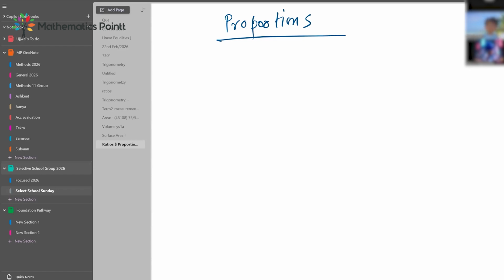Now, what are proportions? Proportion is a statement of equality of two ratios. So when you equate two ratios, it becomes a proportion.